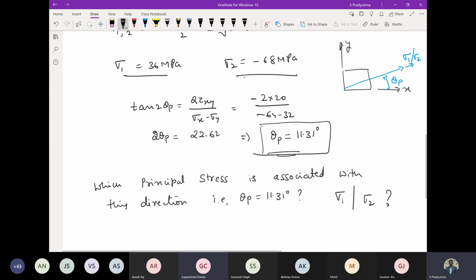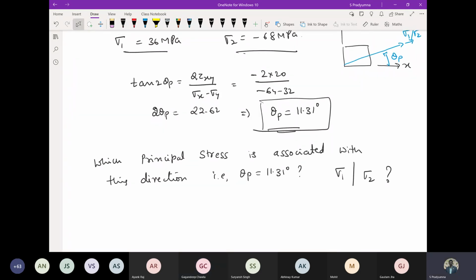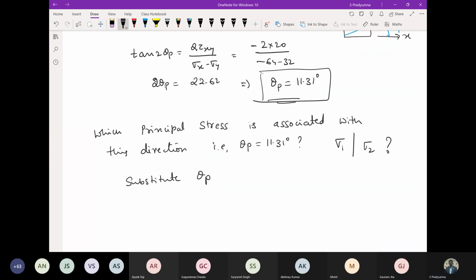Okay. So what we can do is substitute theta p in the equation of sigma x.